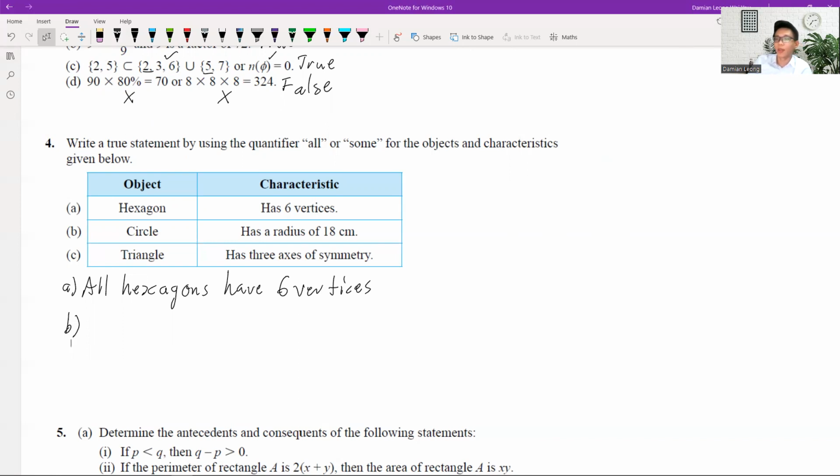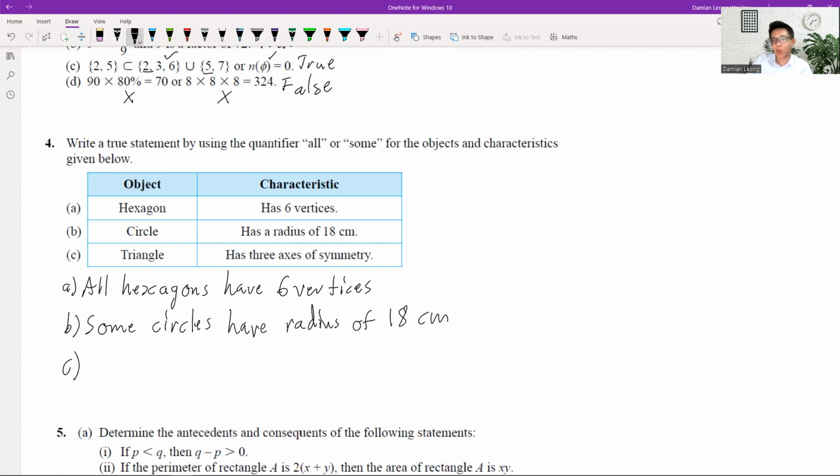So there's no way there's a fixed radius for circles. So some circles have radius of 18 cm.